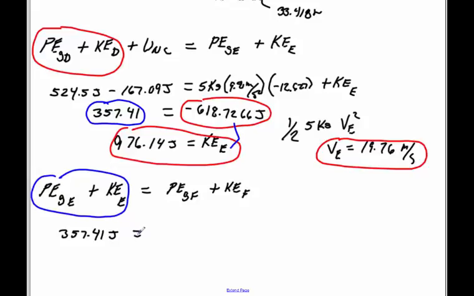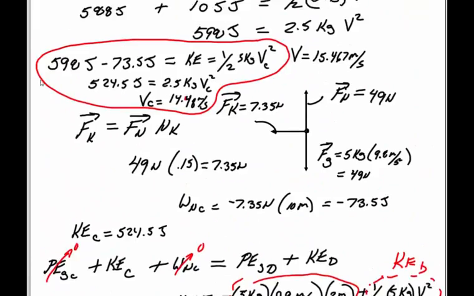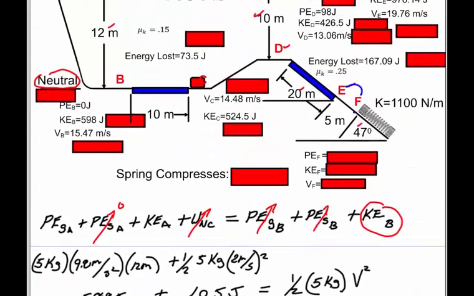joules is equal to, and now I want to go back and do the potential energy at F, and that's going to be my mass, 5 kilograms, times 9.8 meters per second squared, times the height. Again, we're going to find that in reference to the neutral axis, from reference to this point right here. So that is going to be 25 this time times the sine of 47, and we're going to subtract 2 from that.